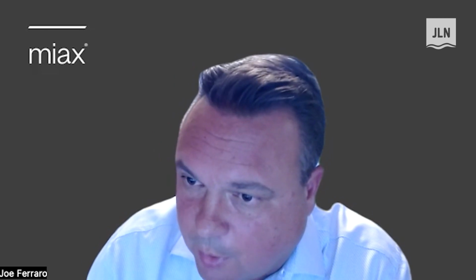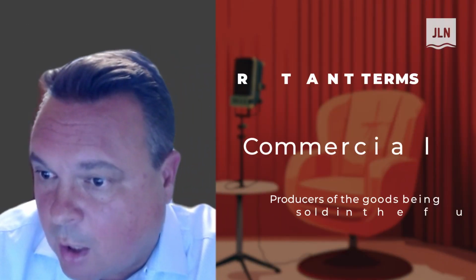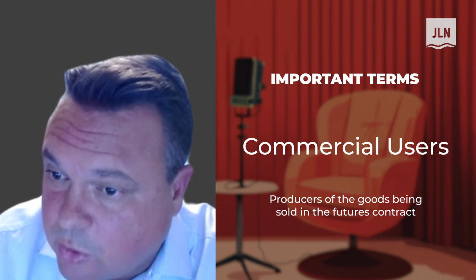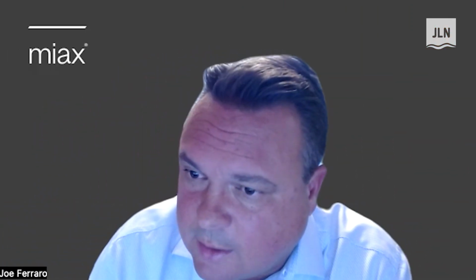So there's two main groups of market participants in the futures markets, and the one you just mentioned is hedgers. These are generally commercial users connected to the underlying asset that have exposure to the underlying asset and are looking to hedge that exposure or to provide some certainty around the price of that asset in the future.